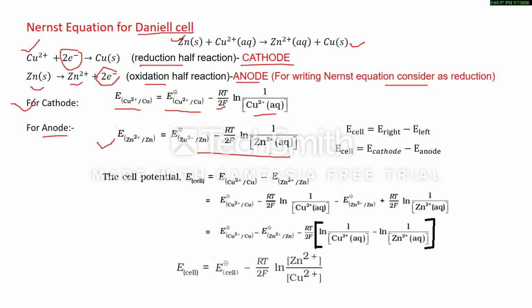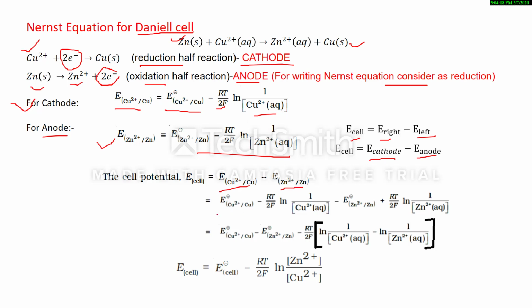Now we will find the cell potential for the galvanic cell, this Daniell cell. We already discussed that the cell potential E cell is E right minus E left, where E right is the cathode and E left is the anode. The right side is the copper electrode, the left hand side is the zinc electrode.